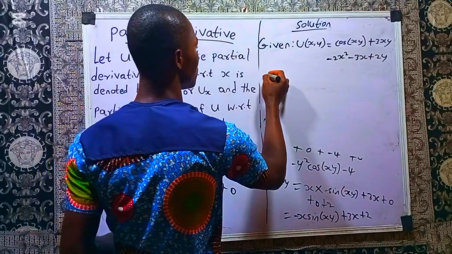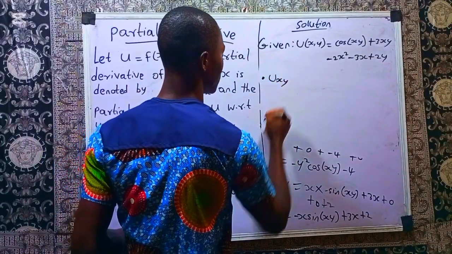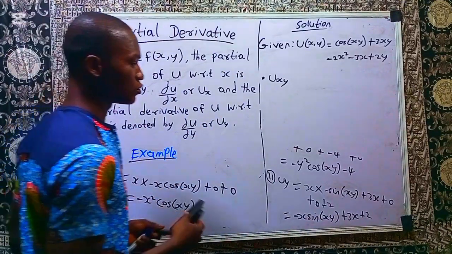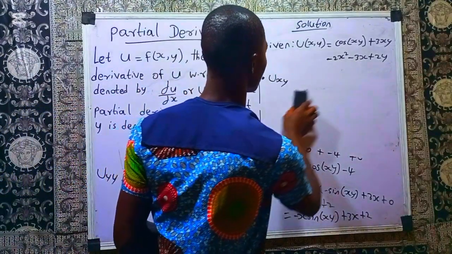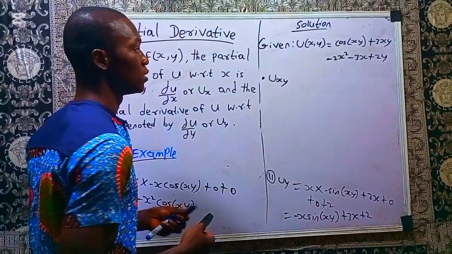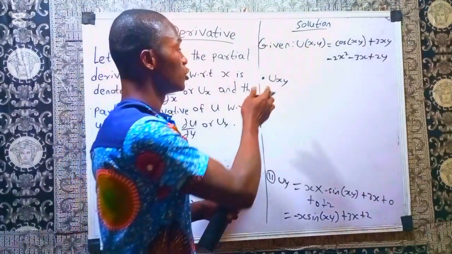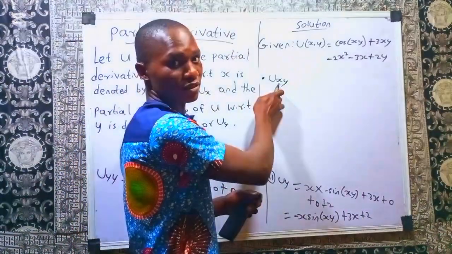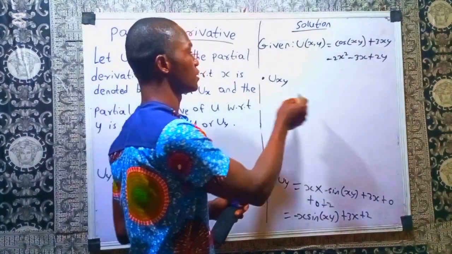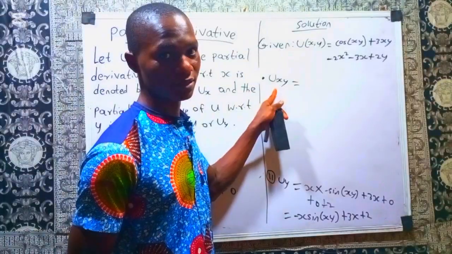So next one is, what is u subscript xy? U subscript xy. That's the next one I want to do. The meaning of this is you differentiate u with respect to x, then you differentiate that with respect to y. We have already done u subscript x.